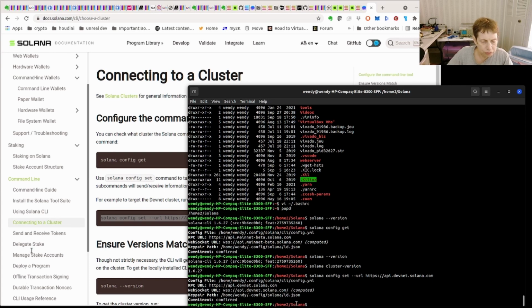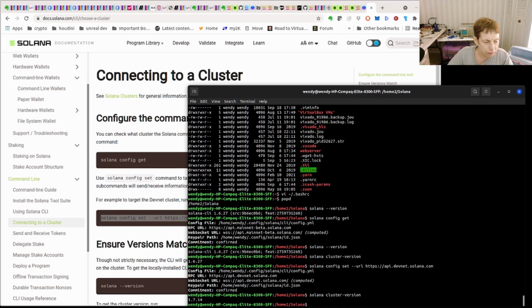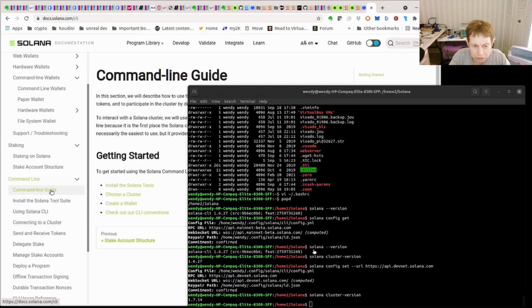So it shows you, and let's see, cluster version is actually a little newer. Probably using a beta version, but that's okay. It should still work.